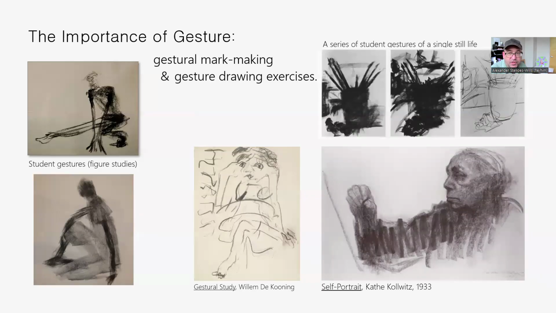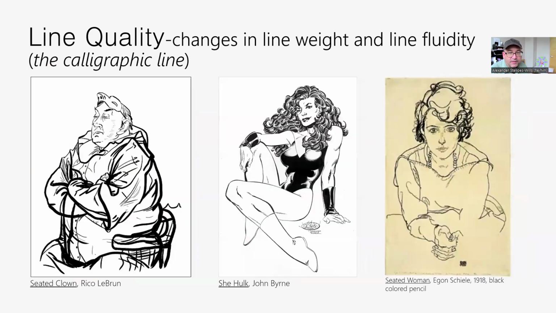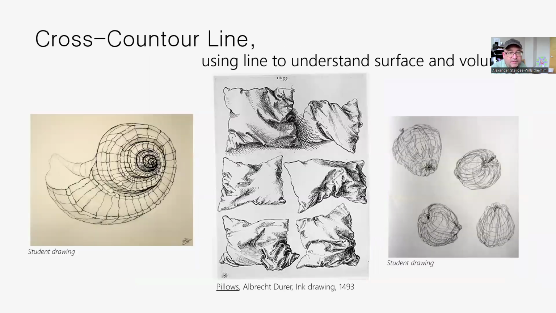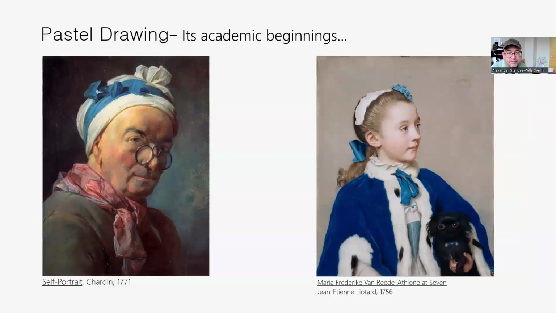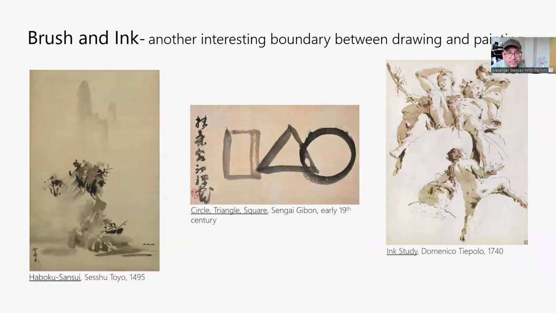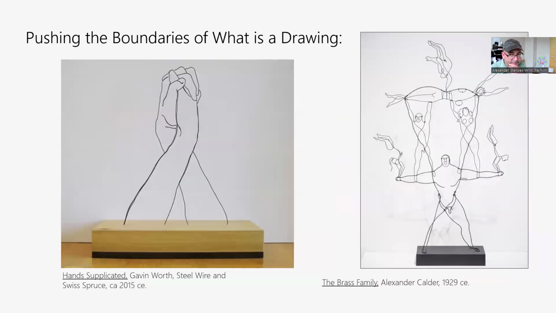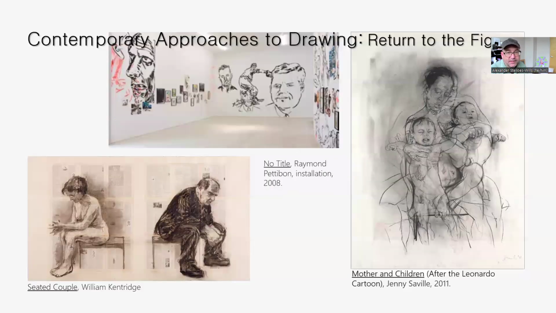Another definition is that drawing is done with dry material like chalk, charcoal or pencil. But there are other drawings done with wet materials, like brush and ink, pen and ink, ballpoint pens, and ink wash. So the boundaries are a little bit porous, a little bit suspect.